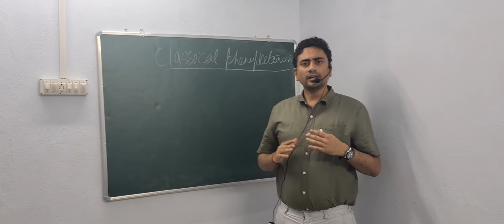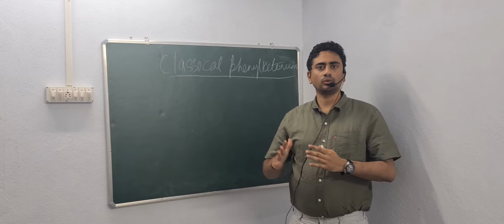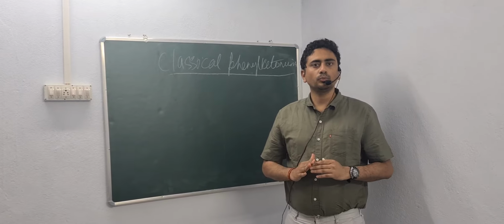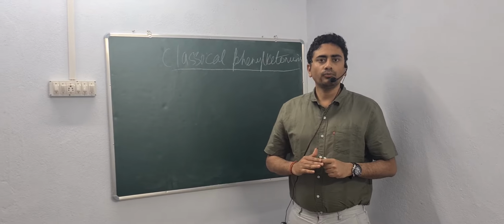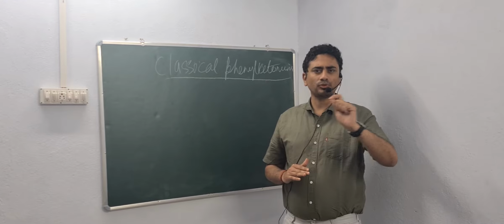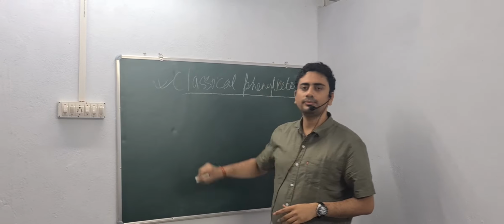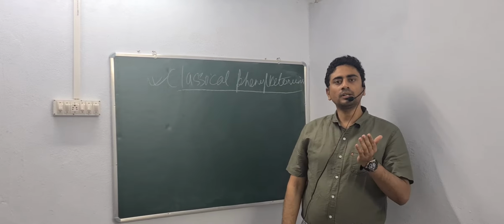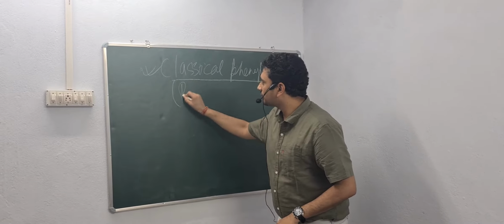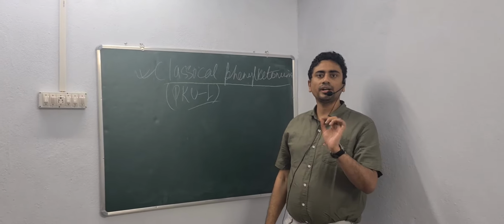So you know that classical phenylketonuria is an inborn error of amino acid metabolism, and basically that happens due to mutation in the gene coding for the enzyme called phenylalanine hydroxylase. There are different types of phenylketonuria. The most common type is classical phenylketonuria, which we can call PKU1, phenylketonuria type 1.